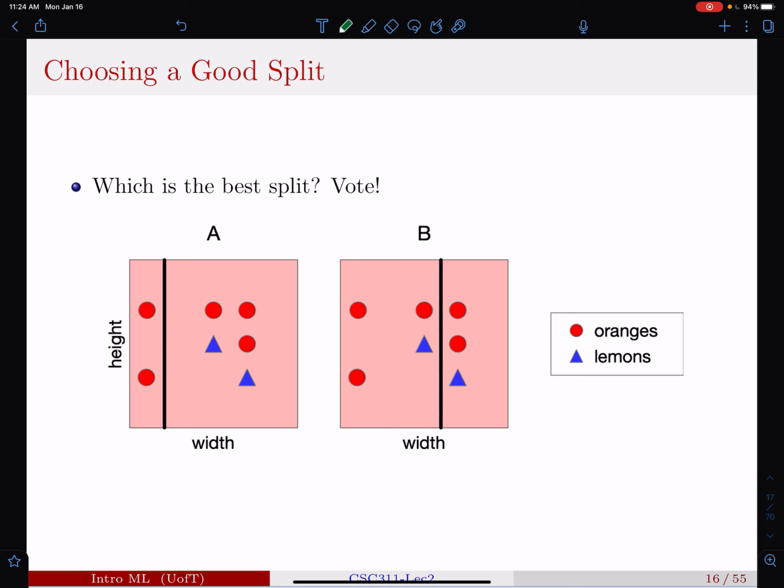Who thinks it's option A? How about option B? Okay, so we're pretty evenly divided, but I claim that A is going to be generally better because the main reason is A already ends up separating two of the red points here, which is pretty useful.